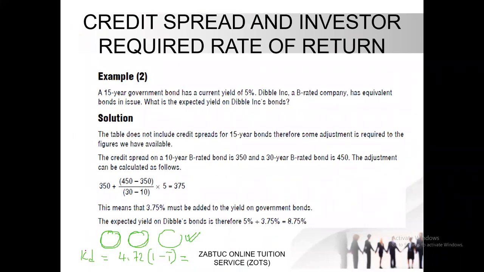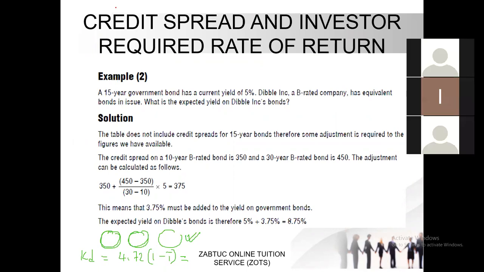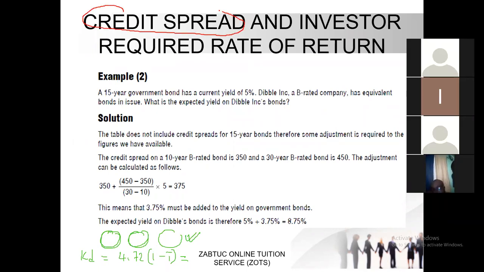So then, let us now go back to our question. Having considered the concept of the credit spread, where it comes from, having considered the role of the international rating agencies, we are now in a position to apply the information.